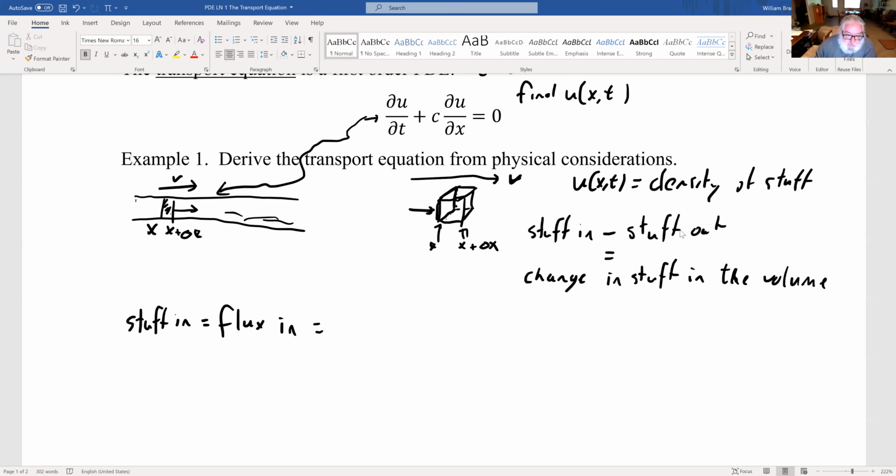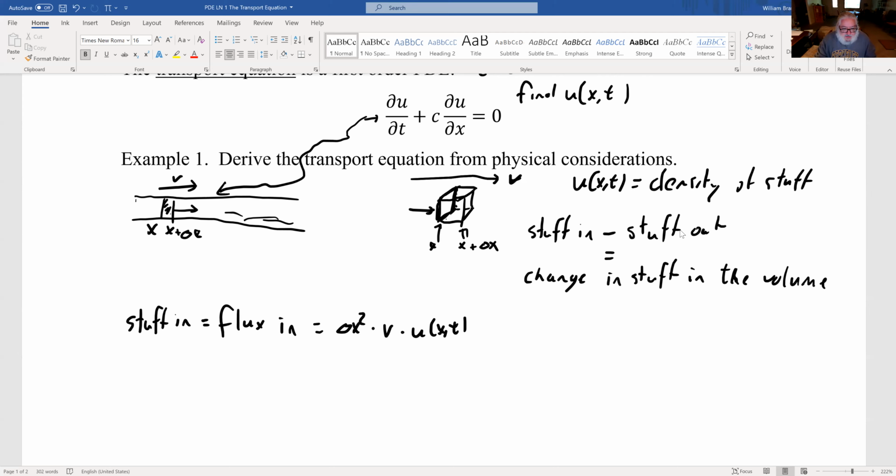So generally, right, we've got an area, delta x squared, and how much stuff comes in? Well, v times u of x comma t at a particular time t. So what does this mean?